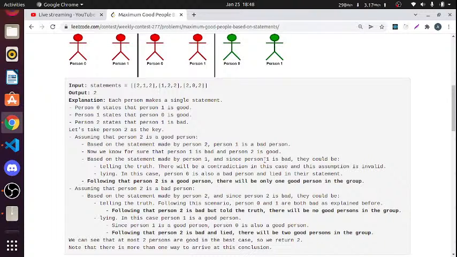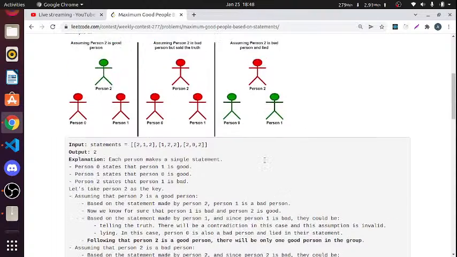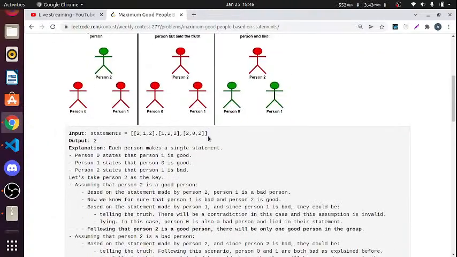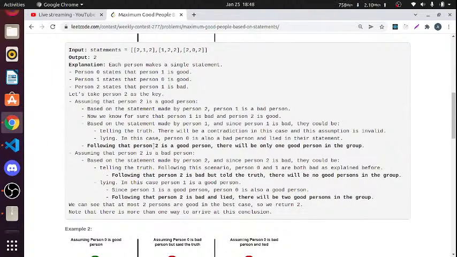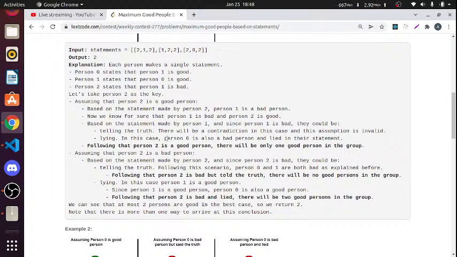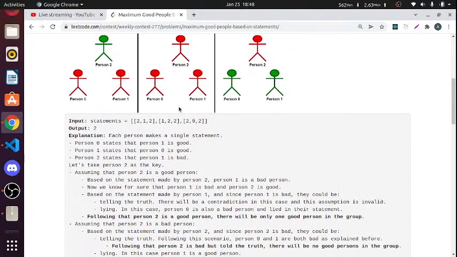Person 2, so according to person 2, person 1 is bad, and lying. So according to this, a good person will tell the truth.